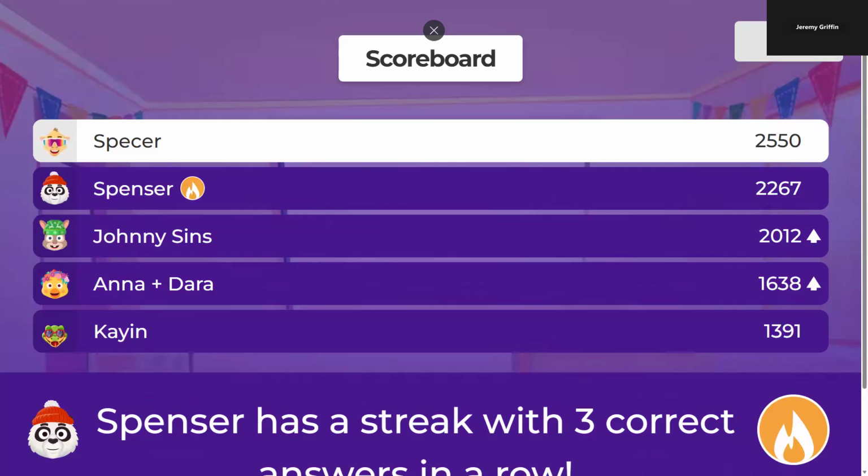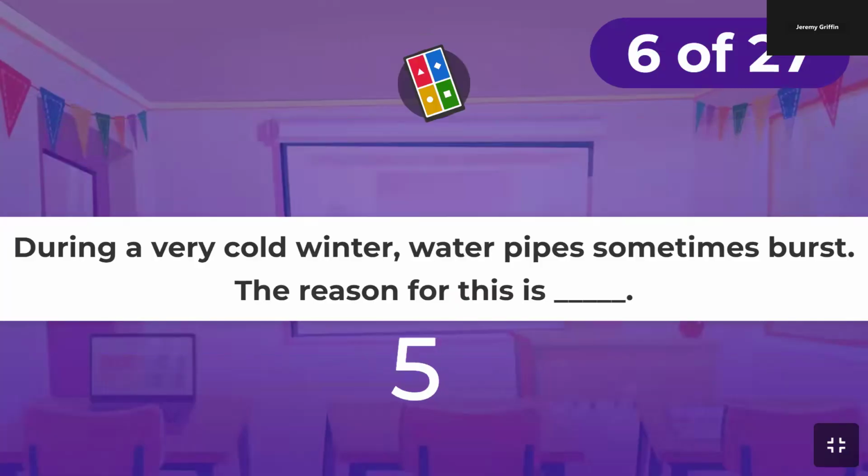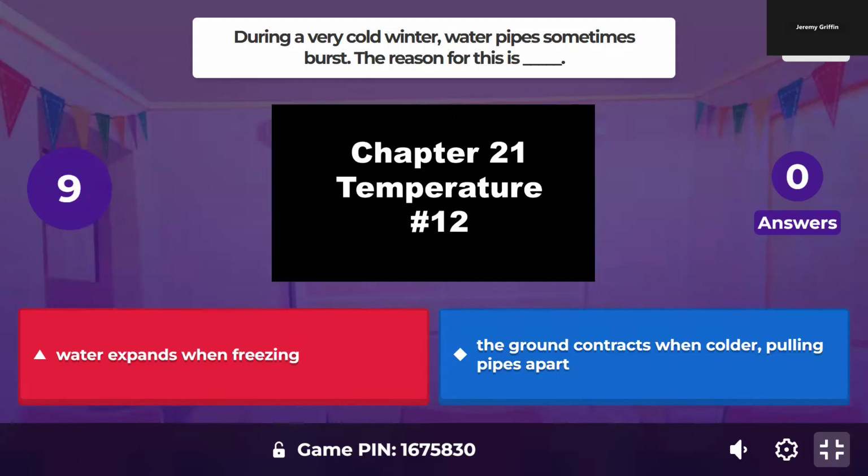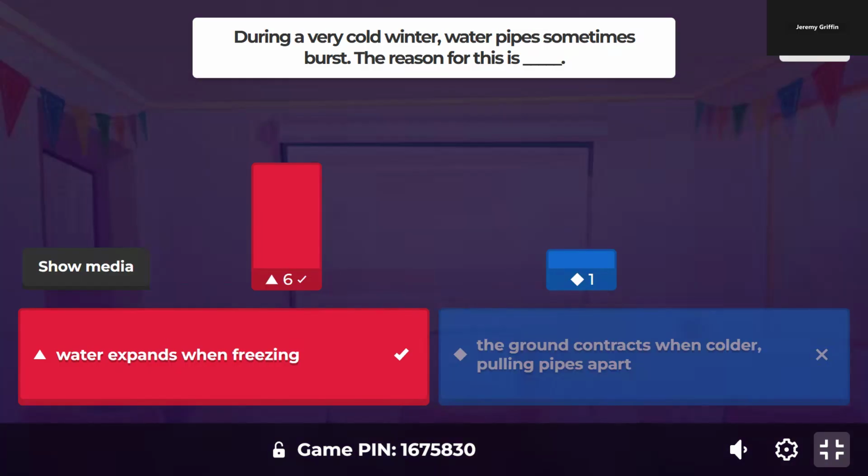During very cold winter, water pipes sometimes burst. Why? Yeah, water expands when freezing.